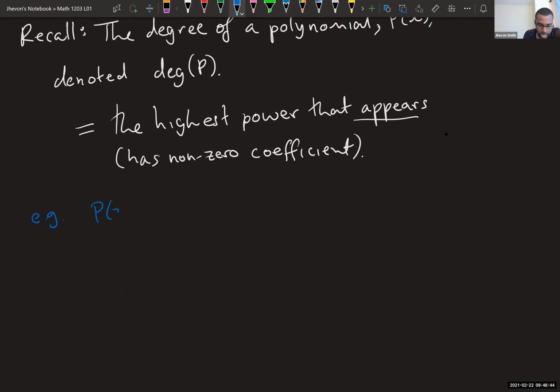So if my P of x equals 2 minus 3x plus 7x squared, the highest power that appears is 2. This means it is a degree 2 polynomial, otherwise known as a quadratic polynomial or a second degree polynomial.